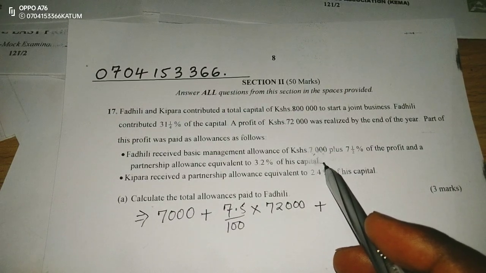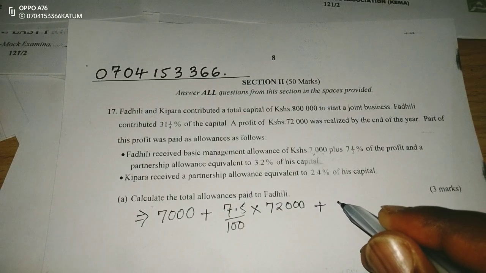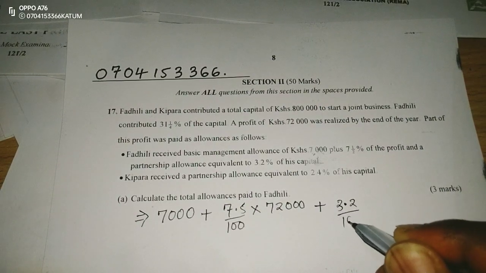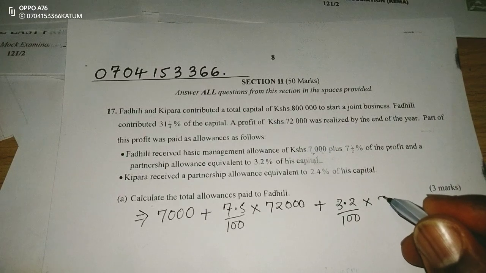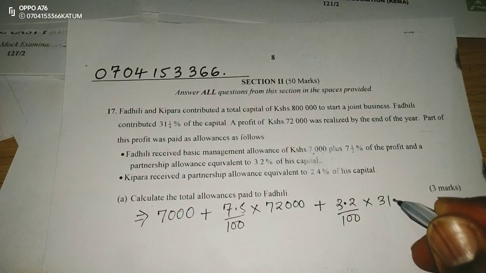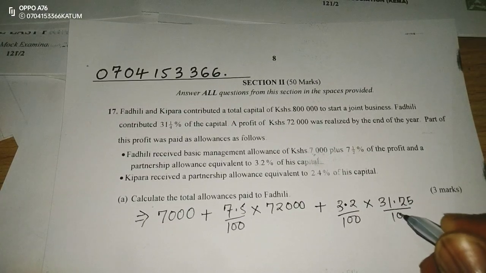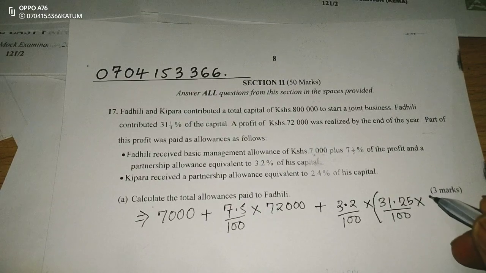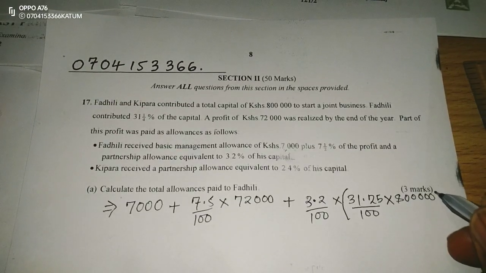So 3.2% of his capital means 3.2% of his own capital, which is equivalent to 31.25% of the contribution, which was initially 800,000.